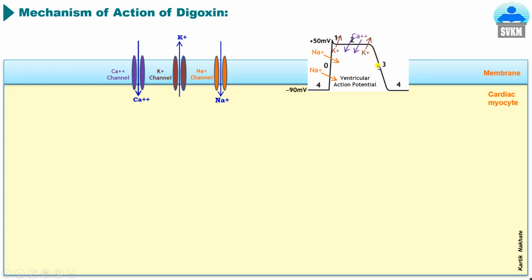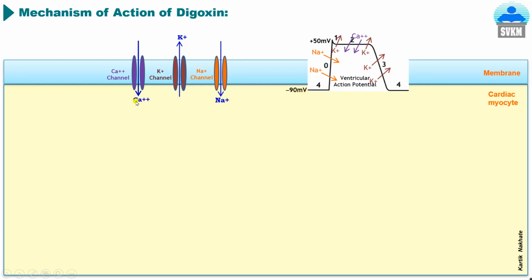During phase 3, the calcium ion channels close while the potassium ion channels remain open, allowing the outflow of potassium ions and causing the membrane repolarization. The potassium ion channels inactivate when the membrane potential is restored again to about minus 90 mV.